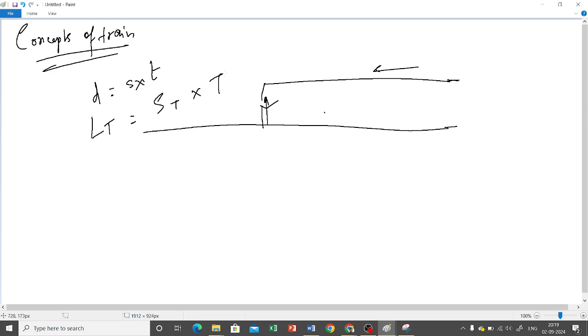So remember this case, that the person is static, stationary. It may be a person, it can be a pole, a point object, whatever it is, it's a static thing and it doesn't have a length. So D is equals to S into T, where LT is the length of the train, ST is the speed of the train, and T is the time taken by the train.